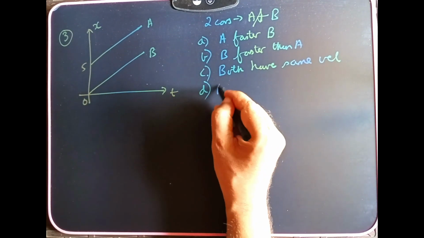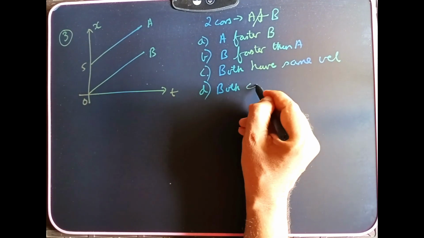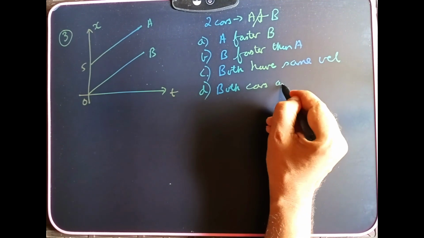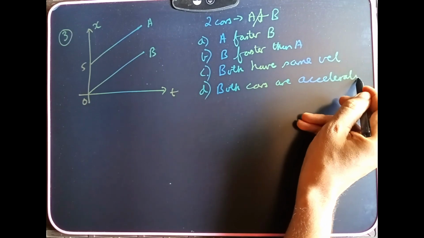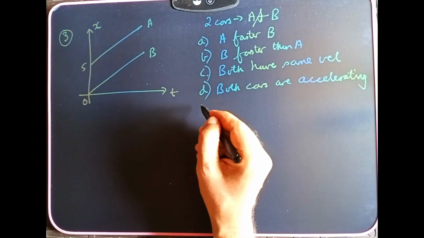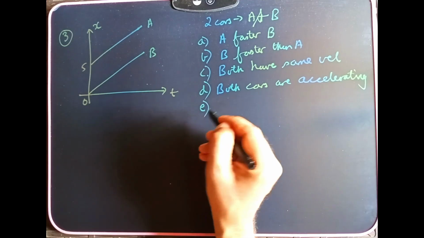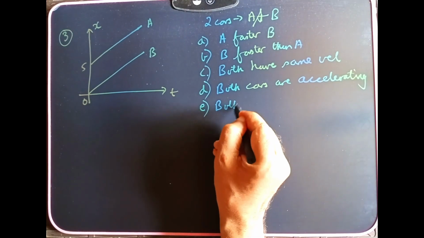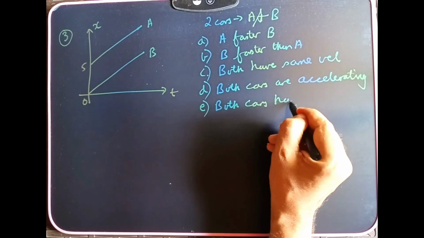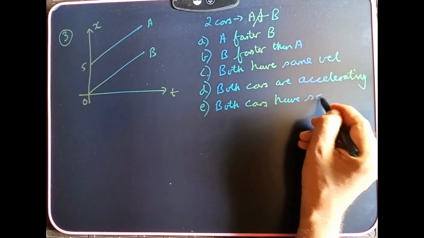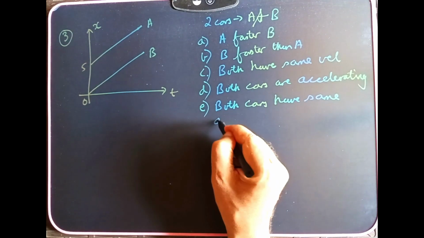Option D: both cars are accelerating. And option E: both cars have the same acceleration.